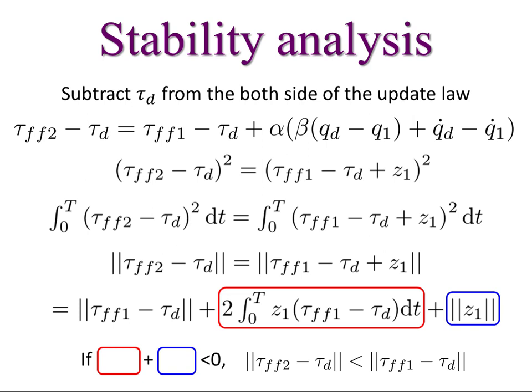Therefore, if the second and third terms on the right side are smaller than 0, it can be shown that the feed-forward torque error becomes smaller by learning. In the following analysis, we mainly analyze the second term of the right-hand side.